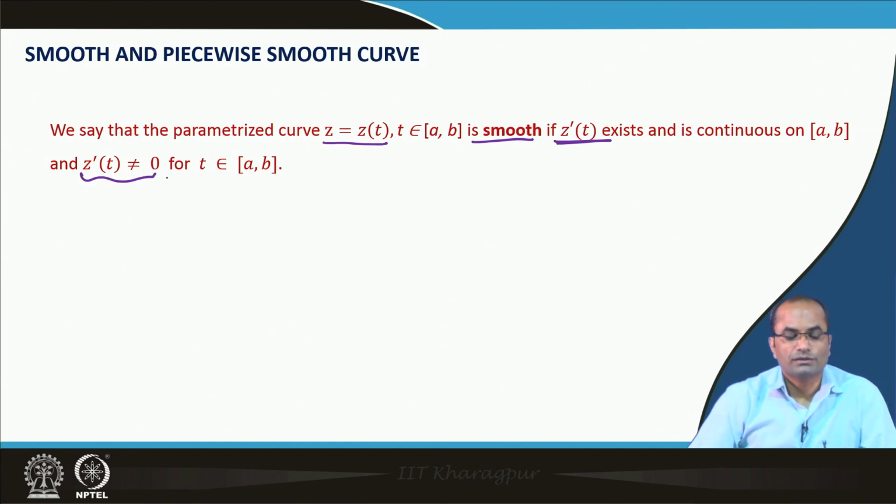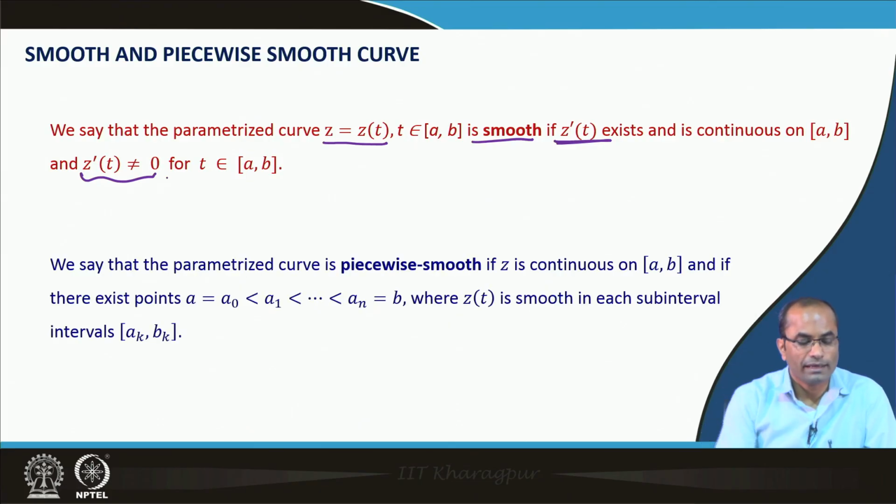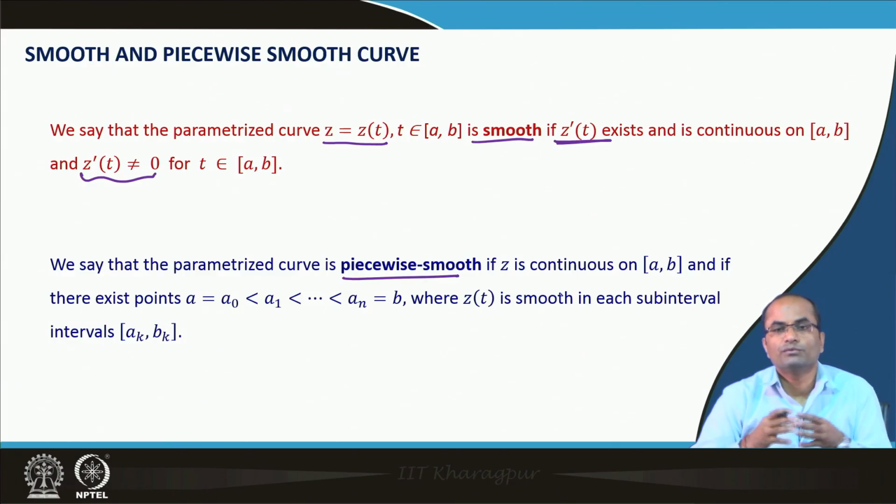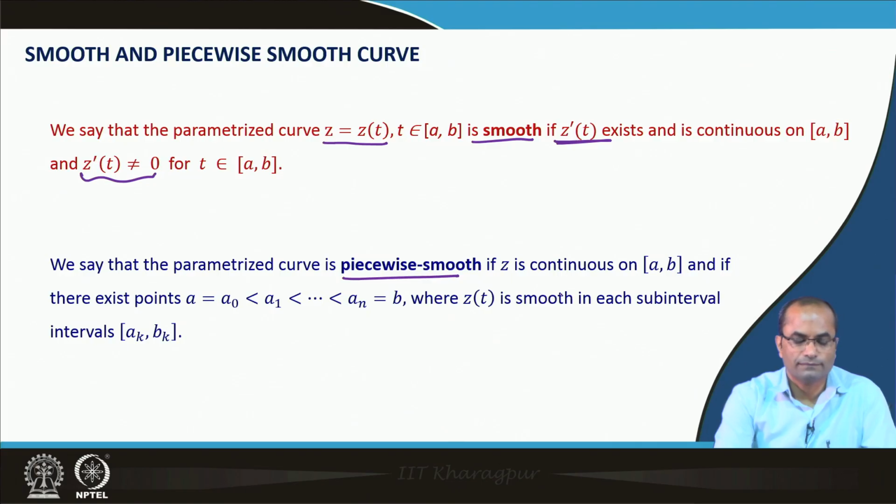So, we call such a curve a smooth curve, and there was a term piecewise smooth. Piecewise smooth means the curve is smooth in pieces. So, if we have several pieces of this continuous curve, then each piece has the property of smoothness, and as a whole we call this a piecewise smooth curve.